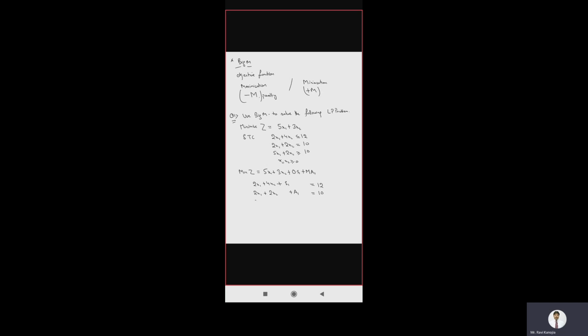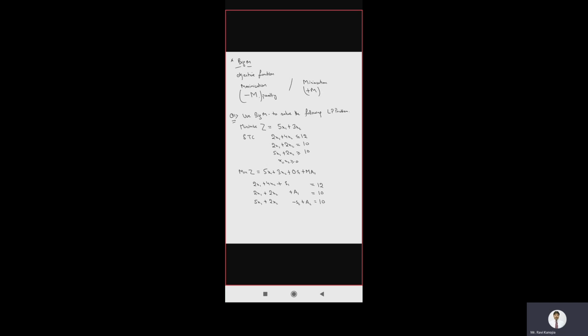The third equation is 5x1 plus 2x2. So this is greater than or equal to, we need to subtract something. We need to subtract a variable which is s2, right? That is converted into an equation. Now we need to add an artificial variable as well to make an identity matrix. So in order to get an initial basic feasible solution, I have to add an artificial variable a2 over here.